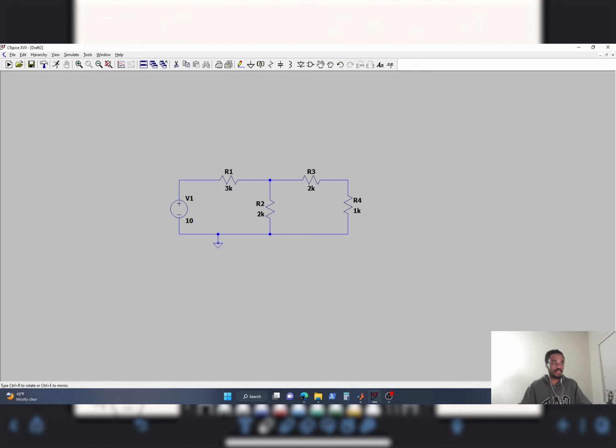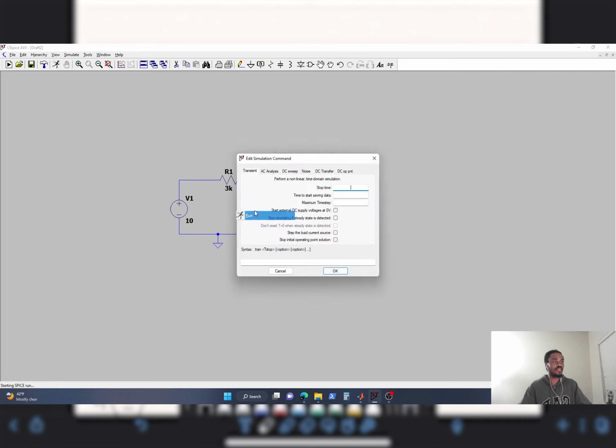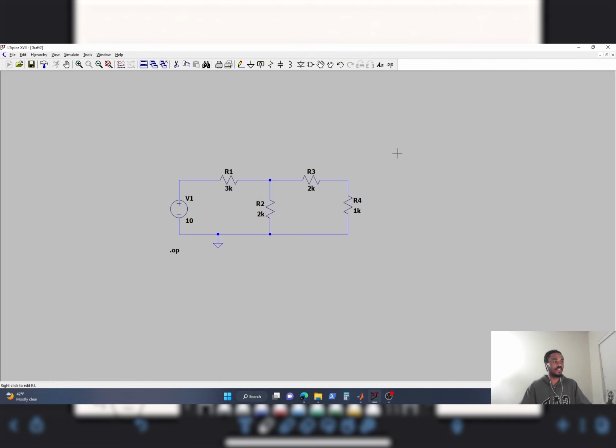Add our ground node, because it won't like it if we don't do that. Operating point, and I like to click off of this and then annotate the nodes. Now we see that our values were correct. We got 950 millivolts from our calculations, and 2.857 for what we were calling node A, VA. So that intermediate step is very important.